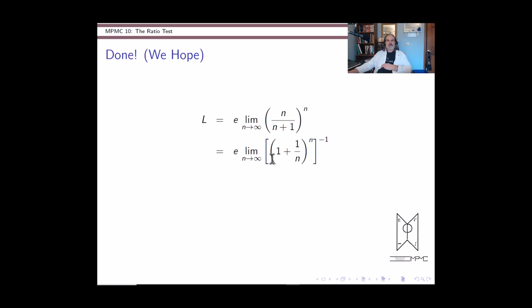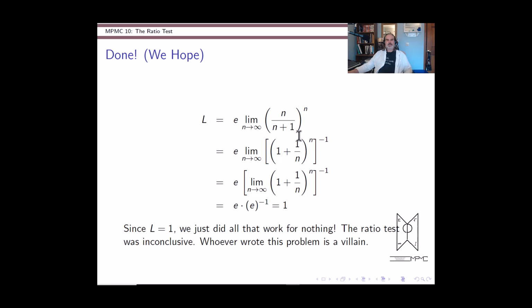The limit of that reciprocal is the reciprocal of the limit. That's limit stuff about when you can and can't distribute limits across operations, but we're going to go with it here. And this limit in the square brackets is the one that you should be learning to recognize is e. So this limit boils down to e times e to the minus 1, which is 1.